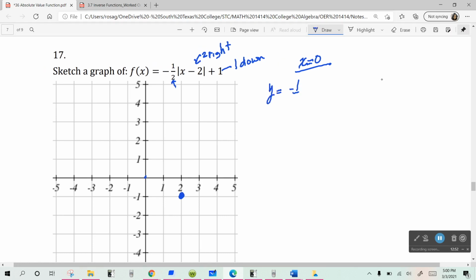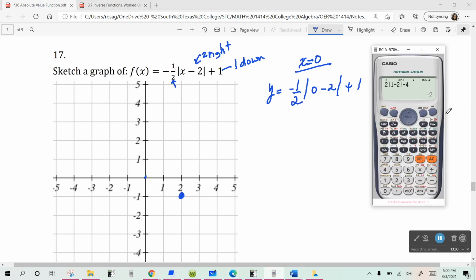So then my y would be negative 1/2, 0 minus 2 plus 1. And again, I can just put it in my calculator. And I get the answer.